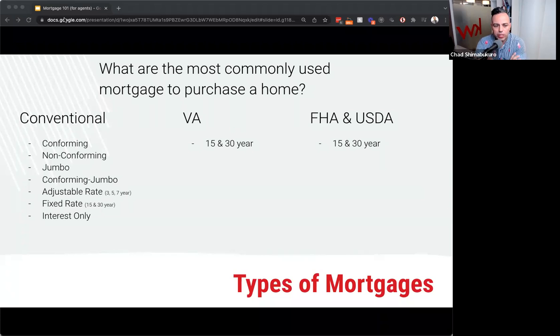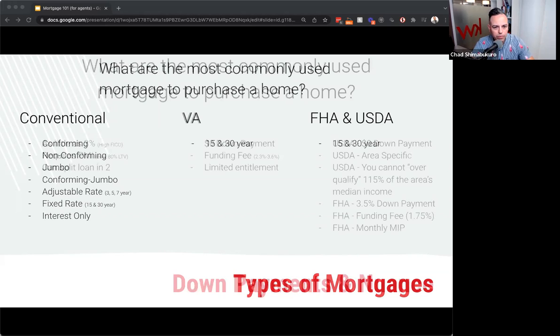The nuance with the USDA loan, though, is it's a sweet spot in terms of qualification. Yes, you have to qualify to make that payment, but you can't make too much. With the VA, FHA, and conventional, you could make $3 million a year and it wouldn't disqualify you, whereas for USDA, it will. There's a sweet spot that it has to fall into.